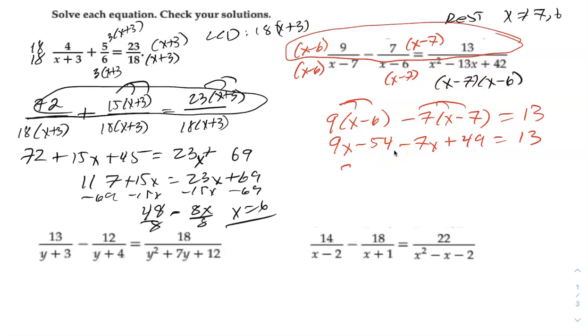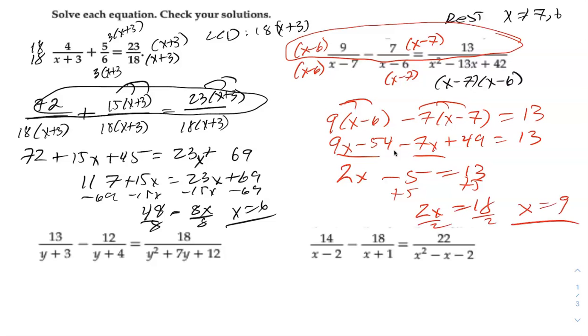Simplify, so I get 2x minus 5 equals 13. Plus 5 on both sides, 2x equals 18, divide by 2, x equals 9. And again, is it one of my restrictions? No, it's not, so my answer is 9.